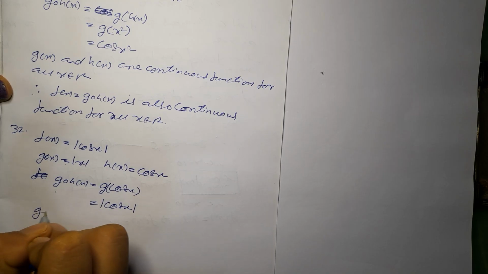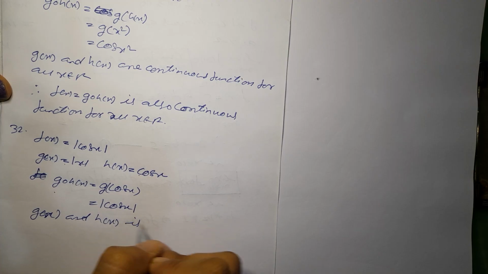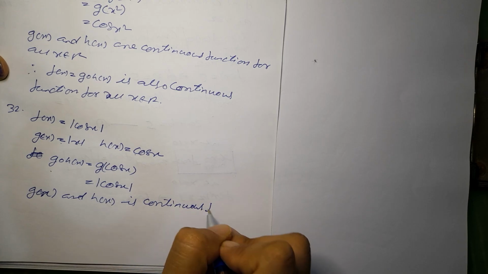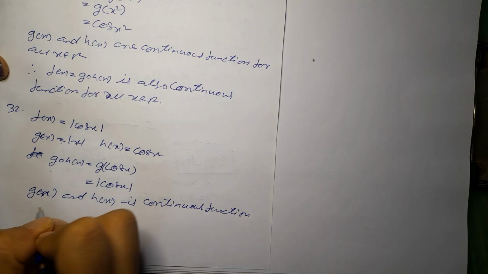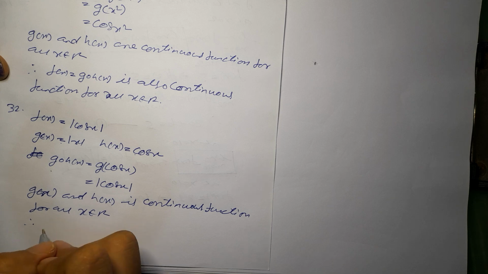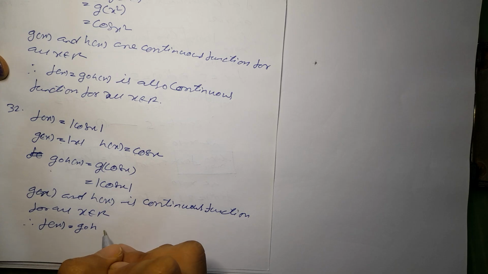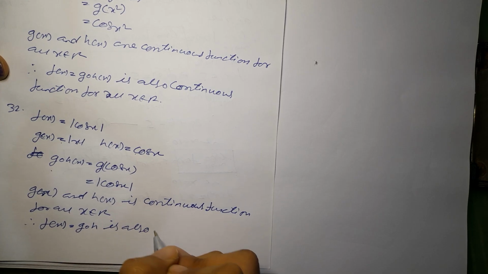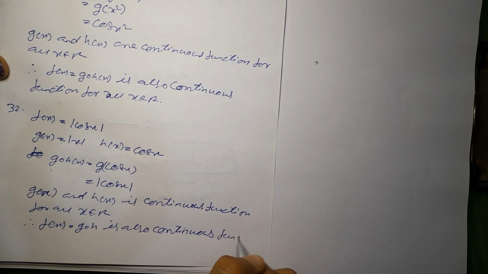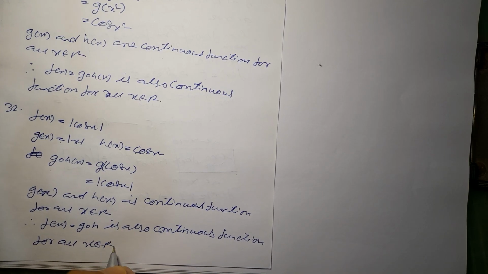So g of x and h of x are continuous functions for all x belongs to R. Therefore f of x is equal to g of h of x is also a continuous function for all x belongs to R.